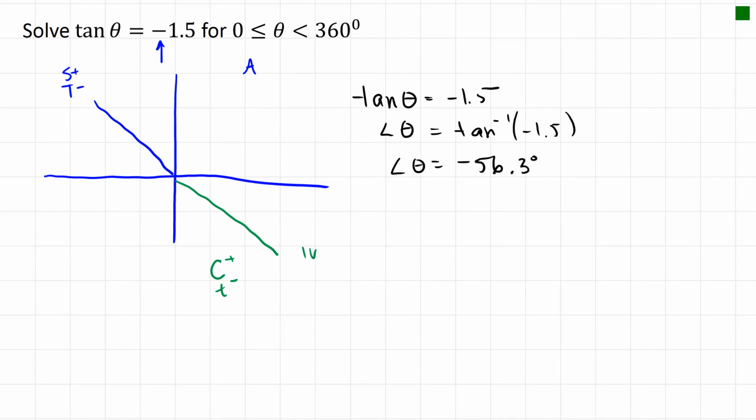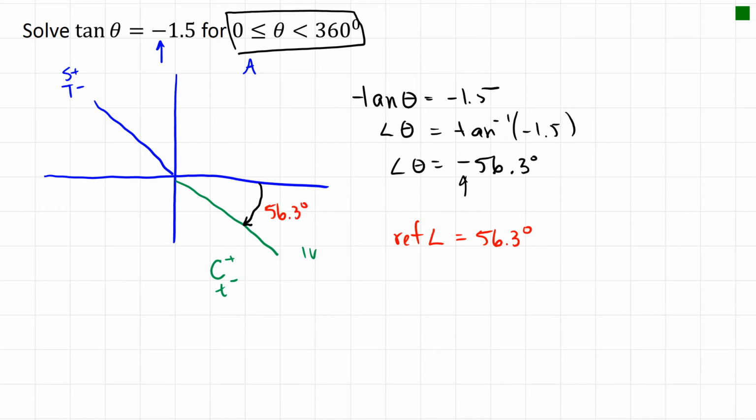Now a negative answer, we don't want a negative answer, we want an answer between 0 and 360. So we need to reinterpret that. -56 degrees means an angle that's going counterclockwise, so that must be referring to this angle right here. And that tells you that the reference angle for this problem is 56.3 degrees.